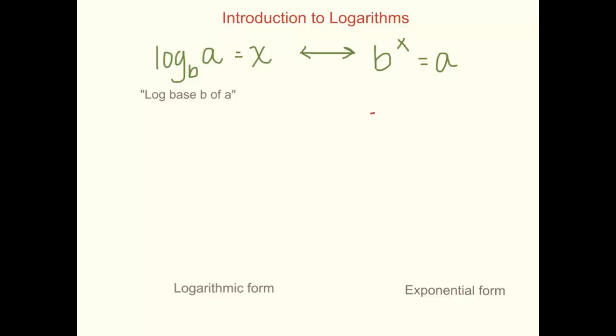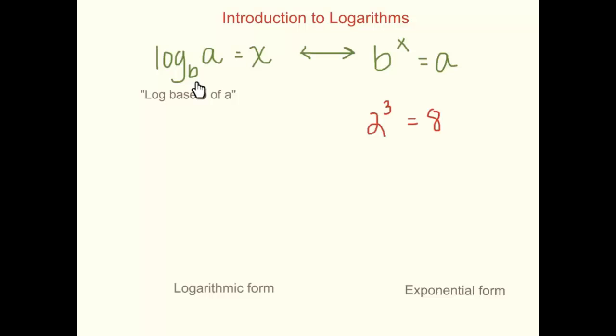You hopefully know that 2 to the third power is equal to 8. Let's put that in log form. According to our definition, the 2 in this case is in the same place as the b. So the 2 is going to become our base.